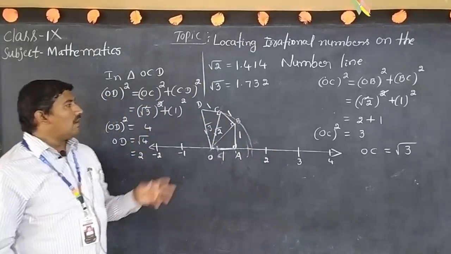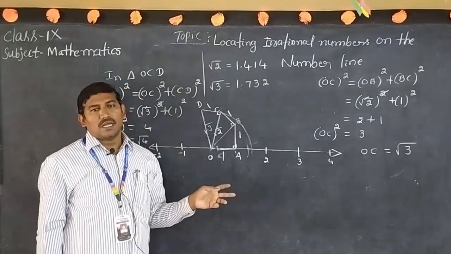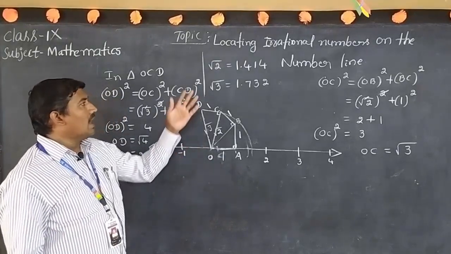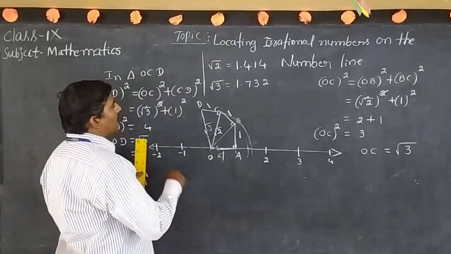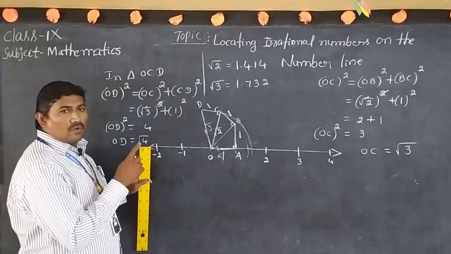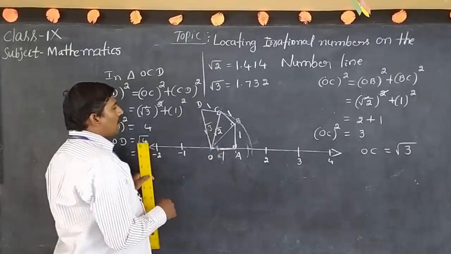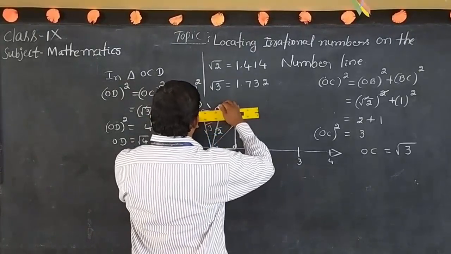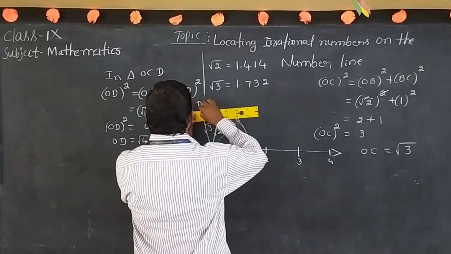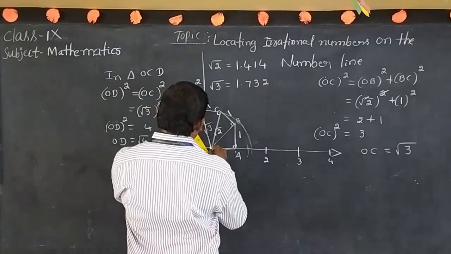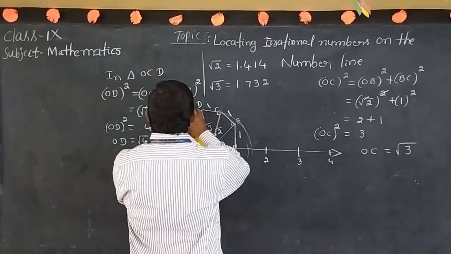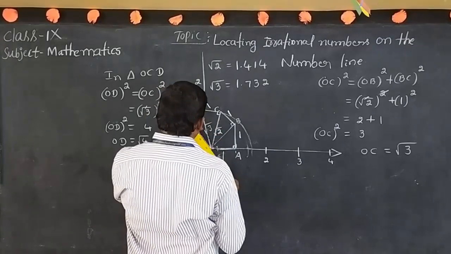So like that all the irrational numbers are also possible to locate on the number line. Not only these numbers, root 5, root 6, root 7, all the values are possible. We will take one more value here. This one also is possible. Like that, like a spiral coming here.